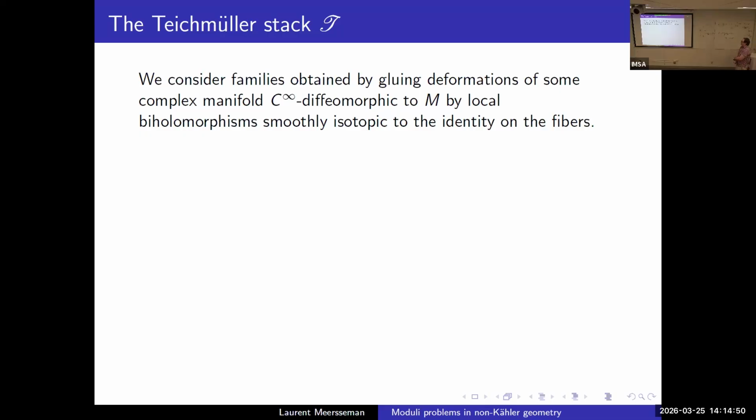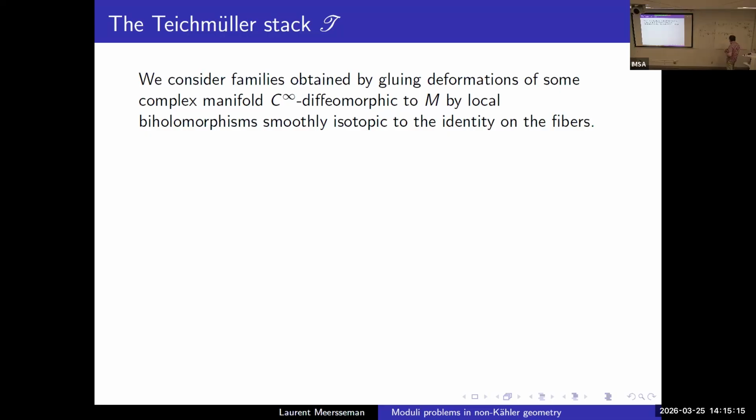But take care of the fact that here, since I am working in this Teichmüller setting, I'm not exactly taking any families. I just take families that are obtained by doing deformations through a cycle of biholomorphisms, so smoothly isotopic to the identity of the fibers.